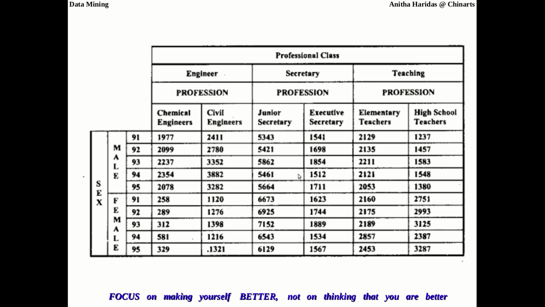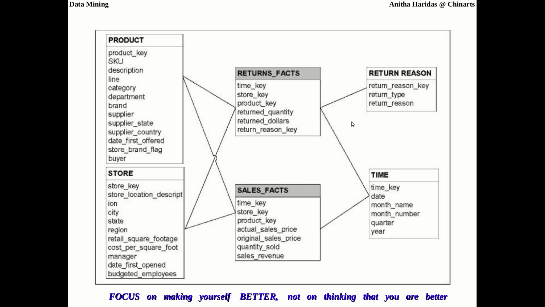So this is how your multi-dimensional data model looks like. These two are called as fact tables. So what is highlighted here? These are the fact tables, and these are the different dimension tables. What are the two facts I have taken in this example?